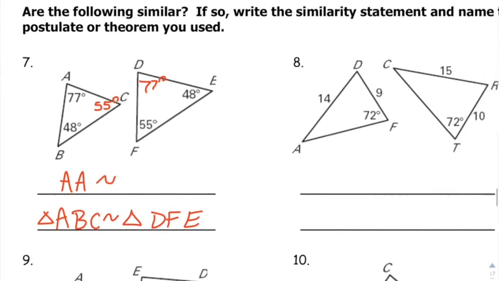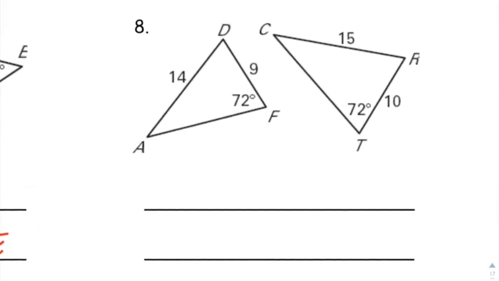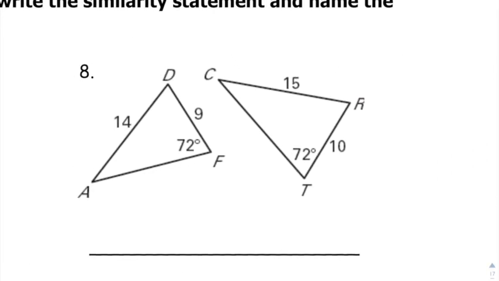Okay. Let's look at this next one here, what we got going on. Some people are going to want to look at the ratio of the sides right away, and there's nothing wrong with that, except we don't really know what AF is, and we don't really know what CT is. Even if the sides were proportional here, it's not written in that format where it's SAS. It has to be SAS if they're similar.